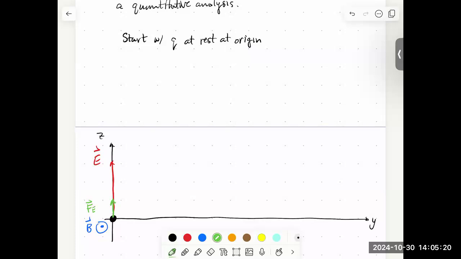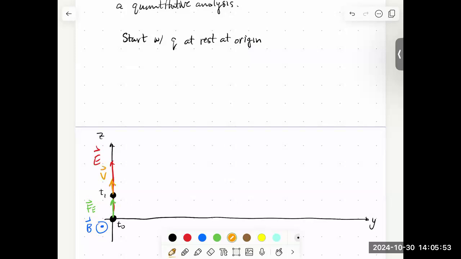Well, what happens is the electric force causes the charge to accelerate upwards, and so if we wait a short time, our charge will end up over here, roughly. Okay, so let's say this is time t0, and this is some later time t1. All right. So now the velocity of our charge is something like this. So it has some velocity like so.